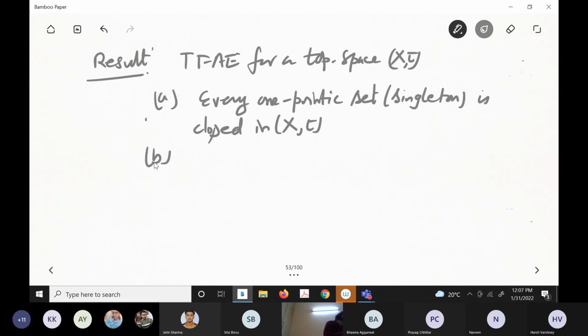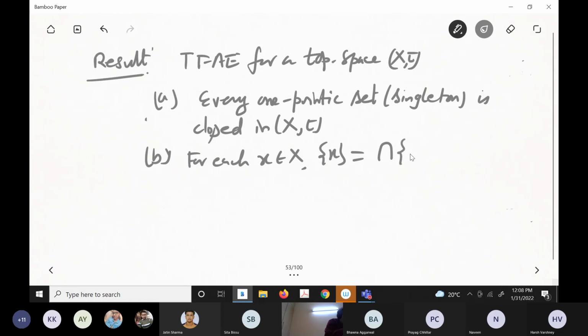B: for each x belonging to X, the singleton {x} is the intersection of all U such that U belongs to N_x.